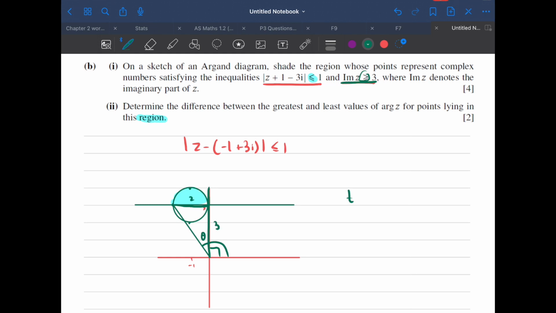So let's apply tan theta is equal to 2 upon 3. So that's going to be tan inverse 2 upon 3, which is going to be 0.58. So guys, did you understand how to find the minimum and maximum argument of a region too?